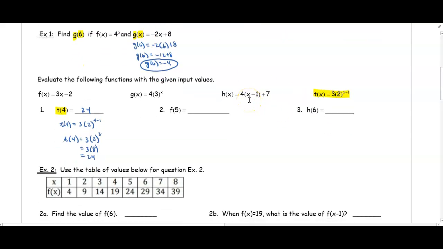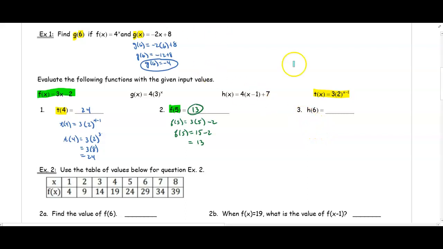The next one, f of 5. Since I'm using function f, I have to use this function here, and everywhere I see an x, I'm going to replace it with a 5. So f of 5 equals 3 times 5 minus 2, which is 15 minus 2, which equals 13.